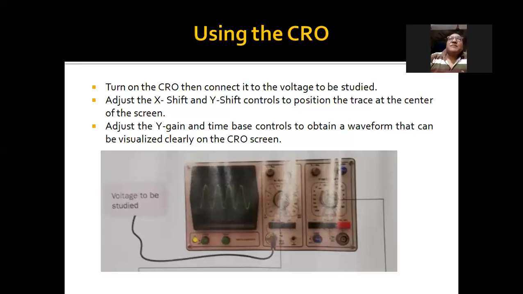For example, if I set the time base setting on 2 milliseconds, then it means that one small square on the x-axis of the CRO screen represents 2 milliseconds.